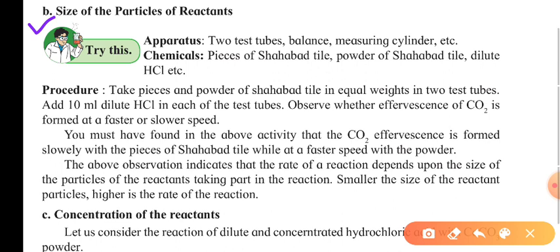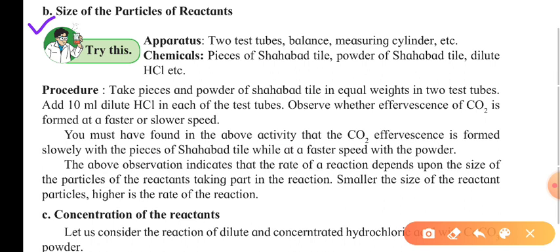It means the size of the particles of reactants is also playing a vital role. Smaller the particle, faster the reaction. Bigger the particle, slower the reaction.